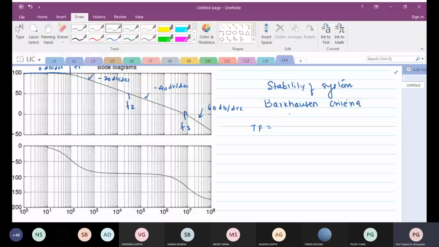Let me remind you of that formula. The specific formula which I have discussed earlier. There are various forms. I'm trying to find out which one I have shown you.